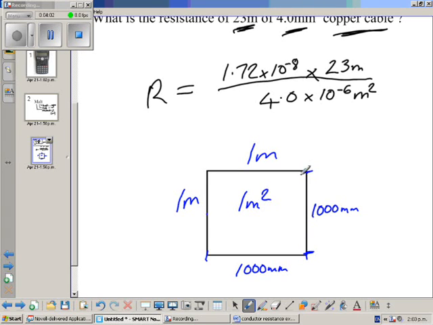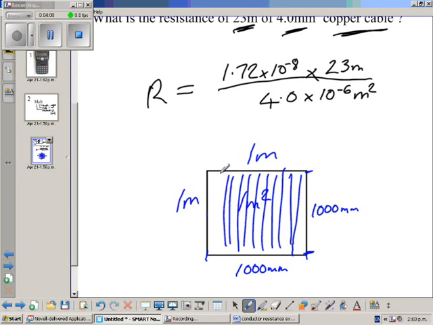And we could turn that into a grid by drawing lots of lines that way, and lots of lines that way, 1,000 that way and 1,000 that way. We'd wind up with this big grid of all the individual millimeters squared.